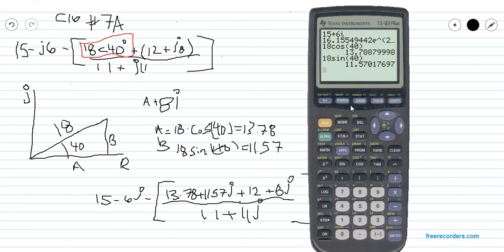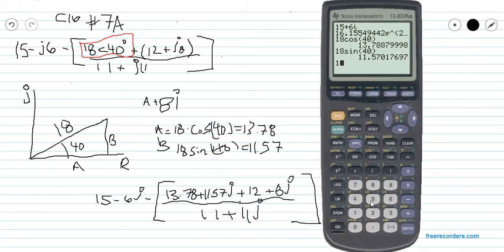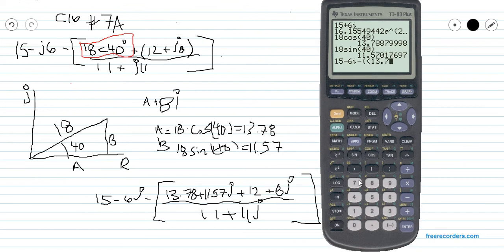Okay, now we can take all of that and put it into the calculator. So we have 15 minus 6j, or i, minus, and you're going to have to get these brackets correctly, minus 13.78 plus 11.57i plus 12 plus 8i, close that bracket, divided by another bracket, 11 plus 11j.